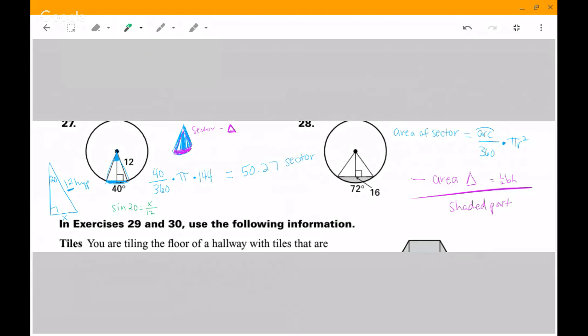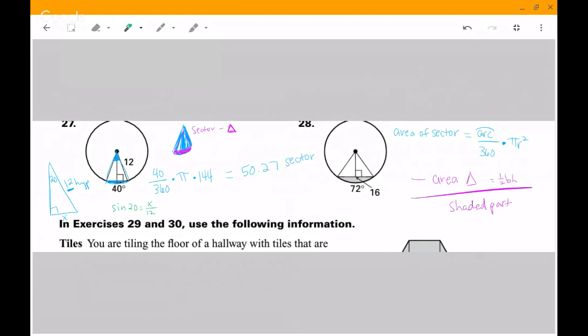Where that little X is, what did you get? I haven't typed it in yet. 4.1. Yes.